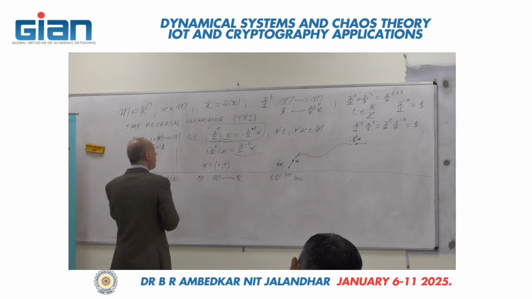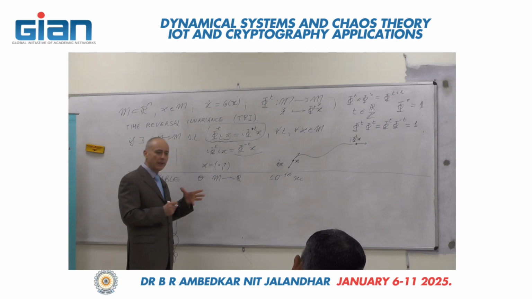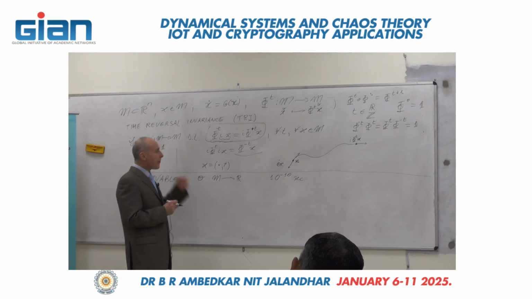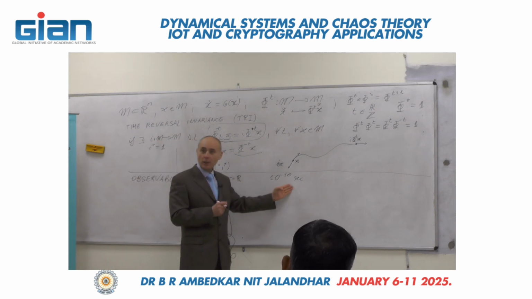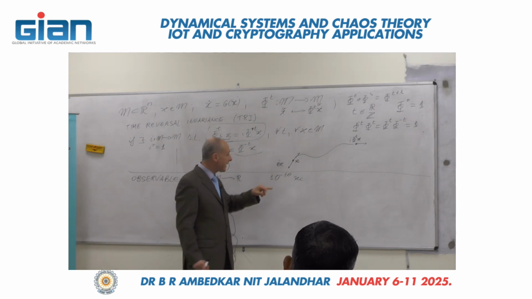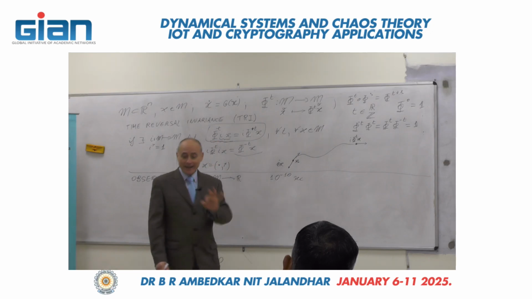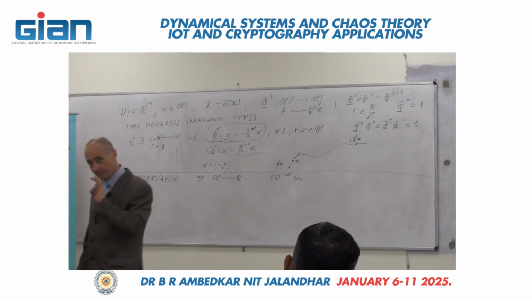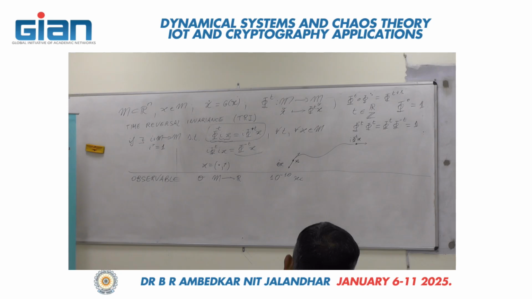So what is the temperature that you measure? Even if it is just 1 second, you have had 10 to the 10 molecular events, and sometimes 10 to the 12, if not 10 to the 14.